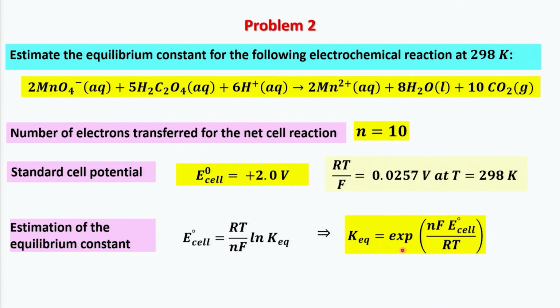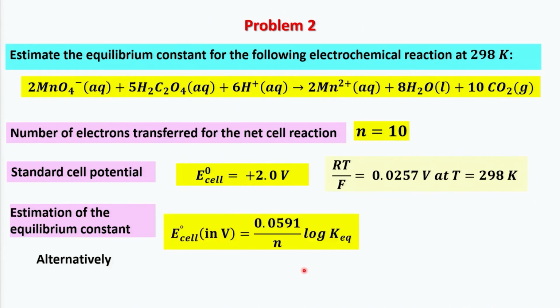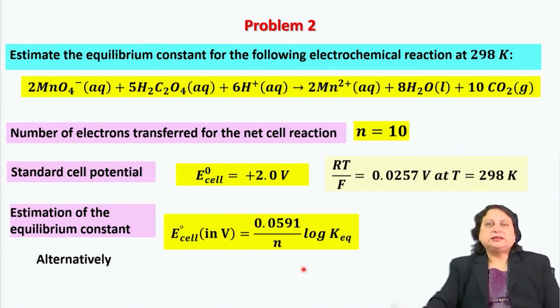But many times, as in this particular case, an alternative expression is found to be useful. If E naught cell is expressed in the units of volt, I can use this expression where N is the number of electrons transferred, but instead of the natural logarithm, I am using log to the base 10.